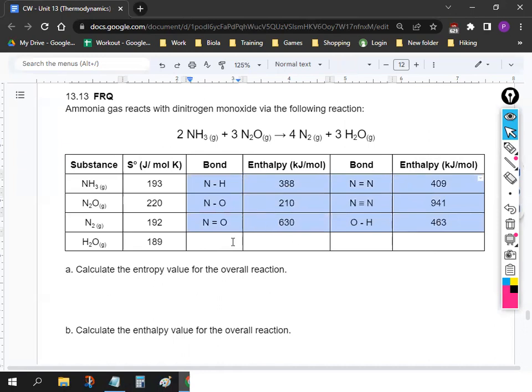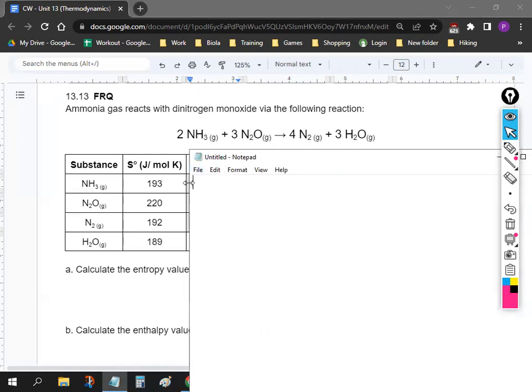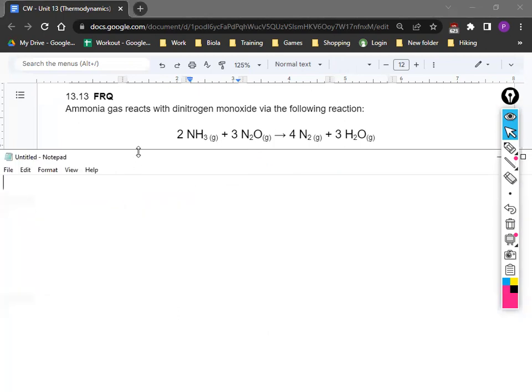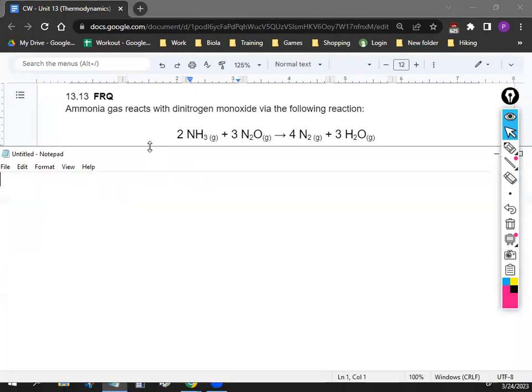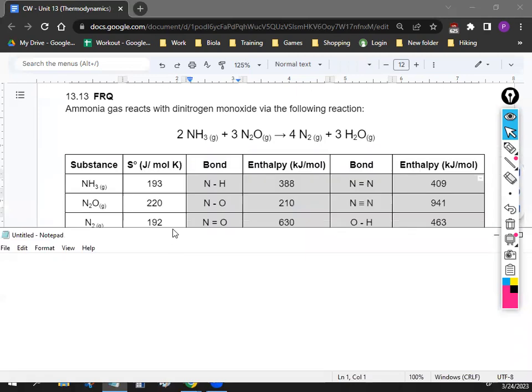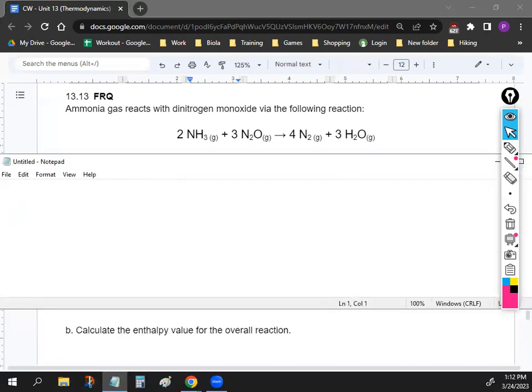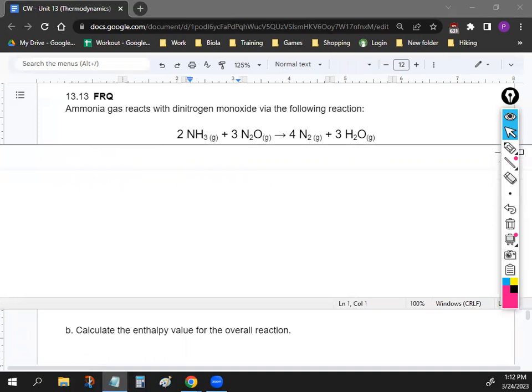Instead, you get a table with the bond energies. What you have to do is figure out the structure of each individual molecule, figure out what bonds there are, and then use the table.